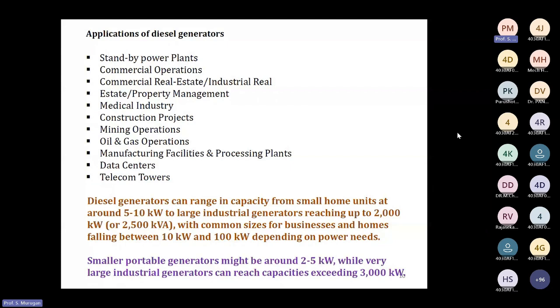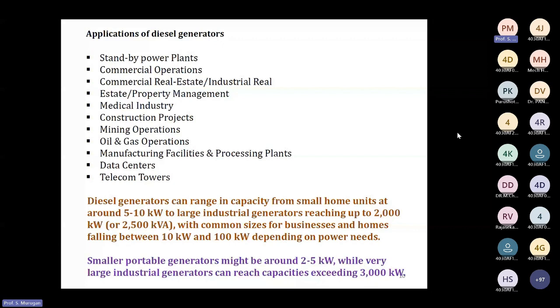Now, diesel generators are available in different ranges, right from small home units from 5 to 10 kilowatt to large industrial generators with a capacity of 2000 kilowatts or 2500 kVA.